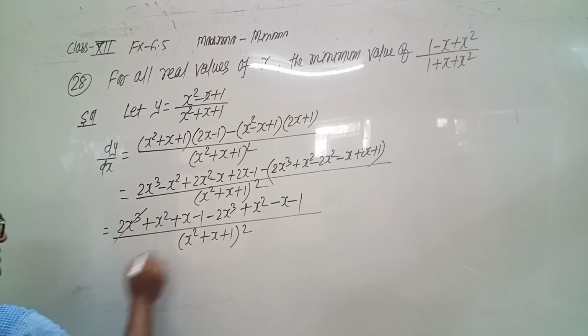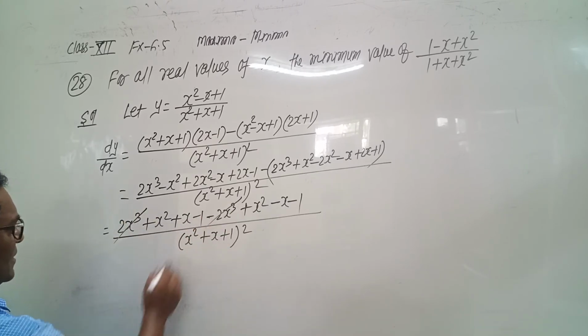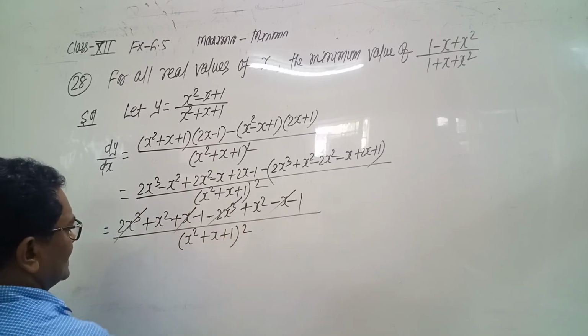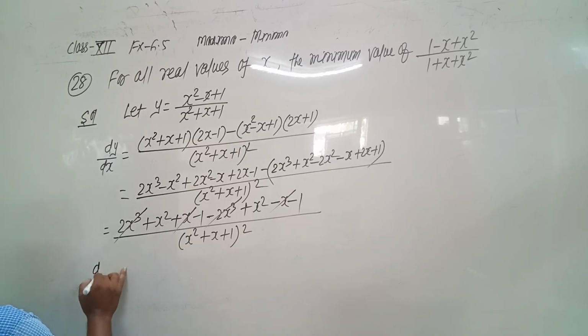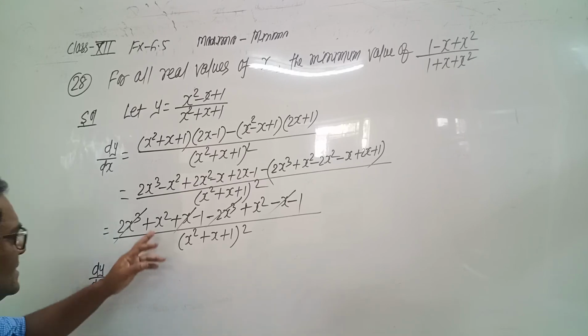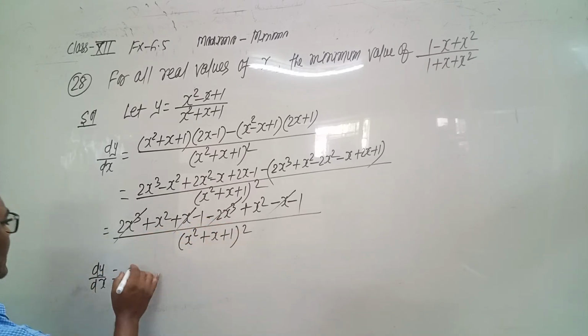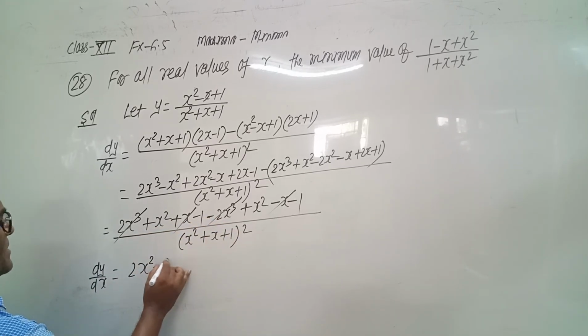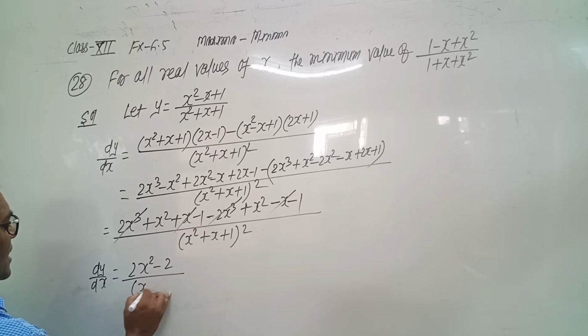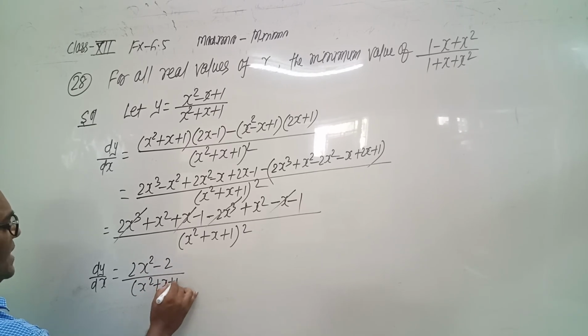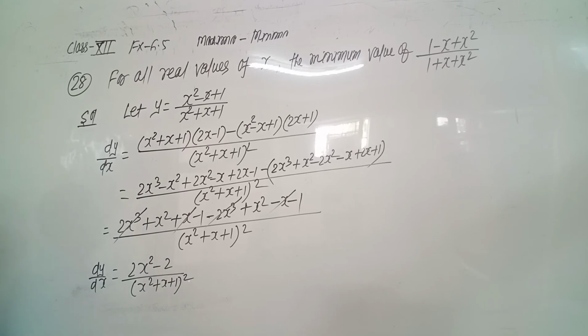So we get 2x cube and 2x cube cancelled, plus x minus x cancelled. So dy by dx equals 2x square minus 2 upon x square plus x plus 1 the whole square. This is the value of dy by dx.